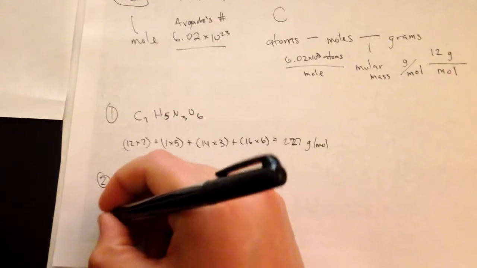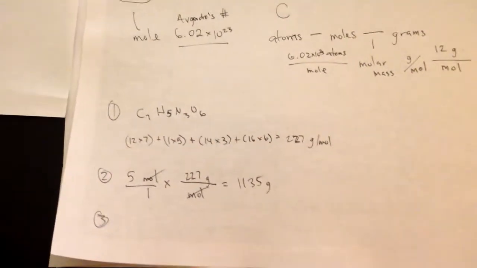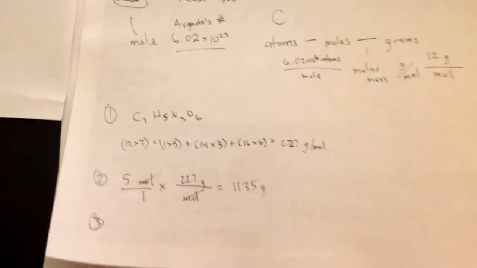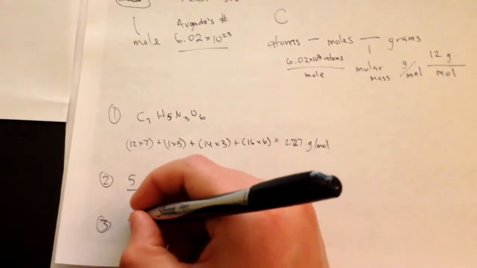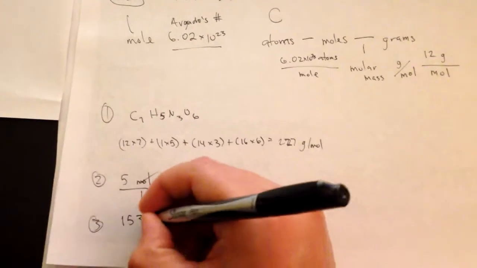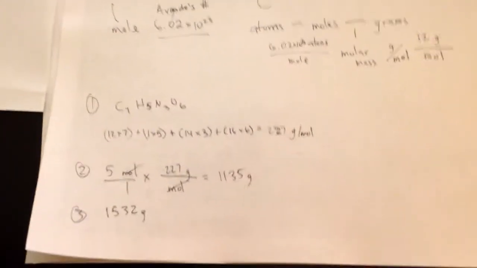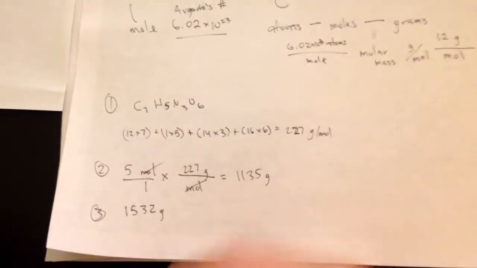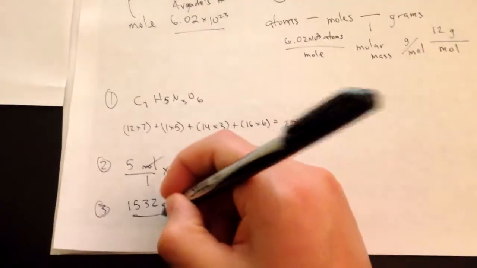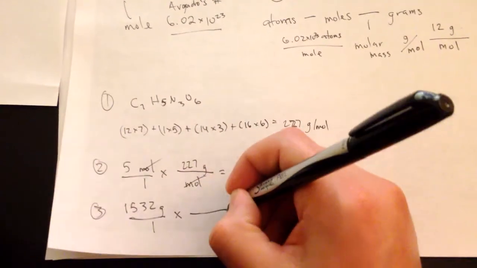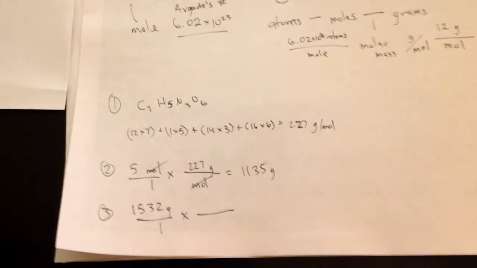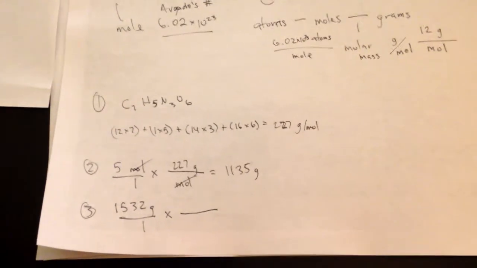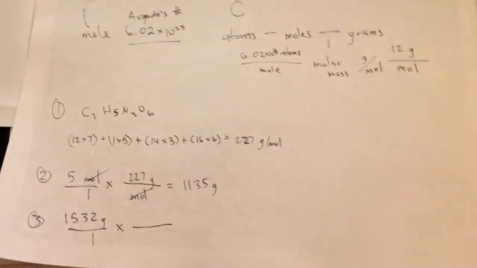And then number 3 was, if you have 1532 grams, how many moles is that? Well, it's the same thing, but in reverse. 1532 grams is the number they gave us. So we're going to use the same molar mass, because we're just going from grams to moles, moles to grams.